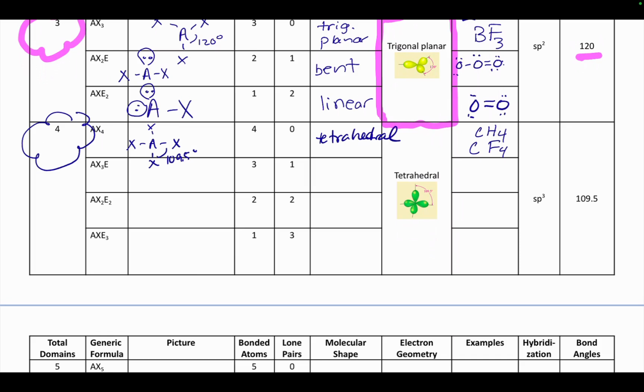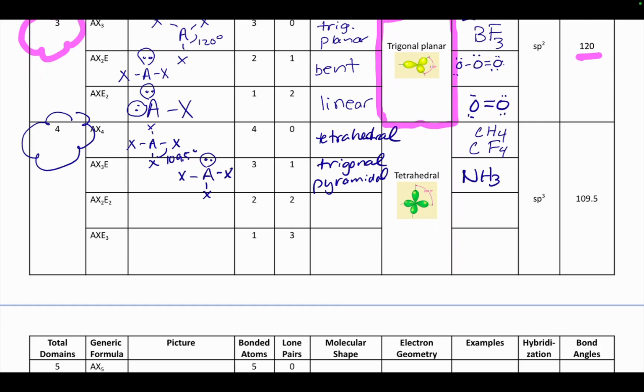So another tetrahedral, total of 4 domains, could be 3 bonds and 1 lone pair. This is called trigonal pyramidal. An example of this is ammonia.